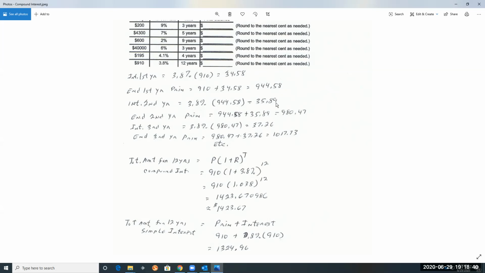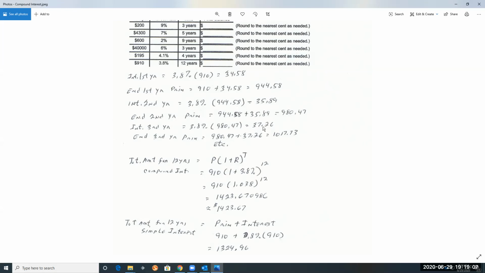$35.89. Notice the interest is a little bit more than the first year. To find the amount of money at the end of the second year, take that principal, $944.58, and add to it the new interest of $35.89, which gives me a total of $980.47. The interest during the third year is 3.8% of this new amount of money, $980.47.